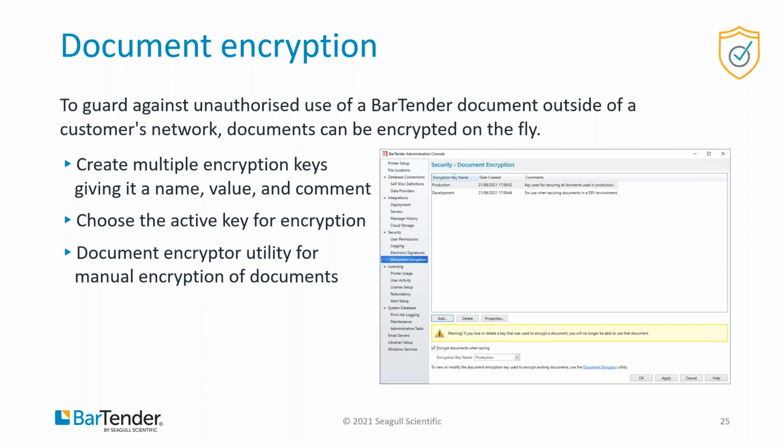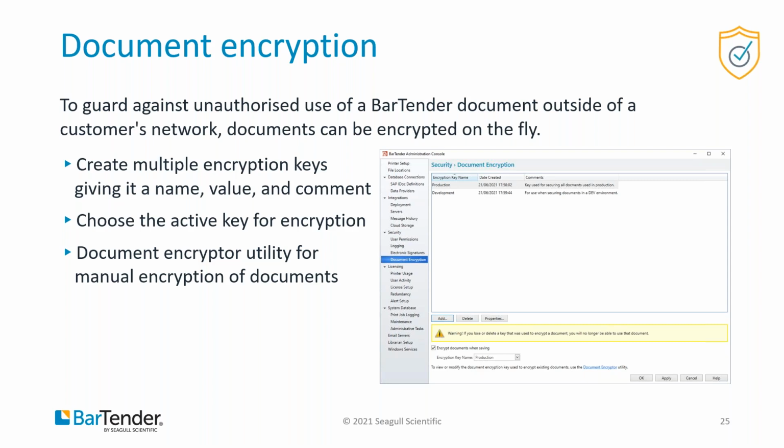We also have a document encryptor utility, and you'll see a link to it at the bottom of that screenshot, that allows you to view the encryption keys that are used on a particular document, not see the encryption key value, of course, that is still hidden.